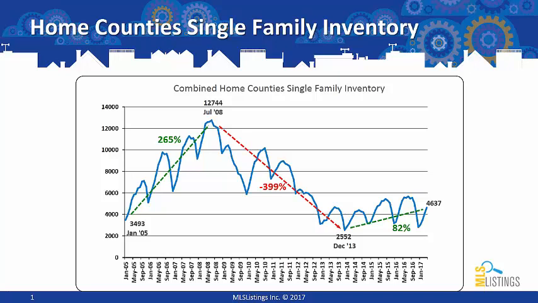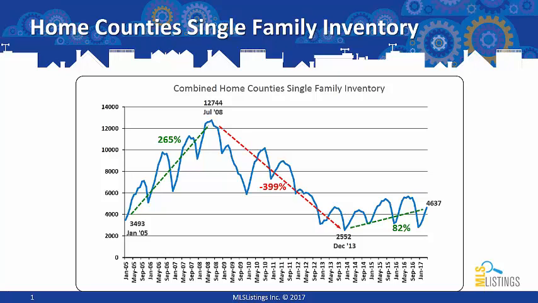I didn't even remember this. We had almost 13,000 single-family listings at one point, after the sea of REOs and short sales, everything was coming back on the market. So from January 05 to July 08, inventory increased 265%.